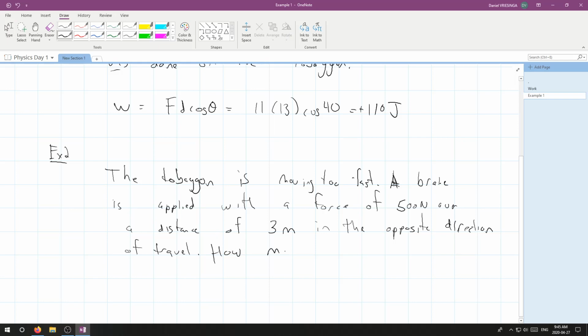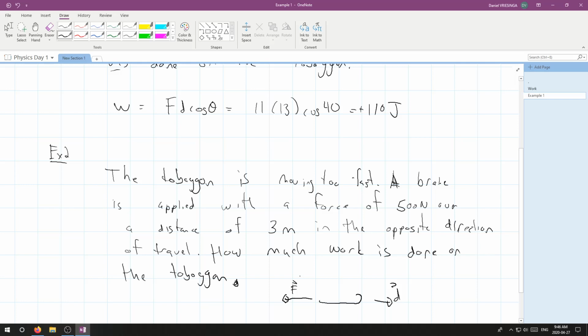The question asks, how much work is done on the toboggan? So this thing is moving now, right? Here's the toboggan, and its distance is this way as a vector, but the force is the opposite, like that.